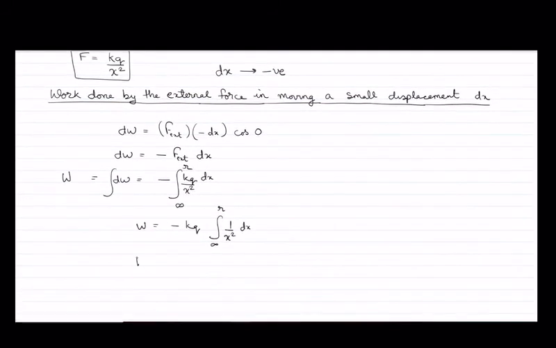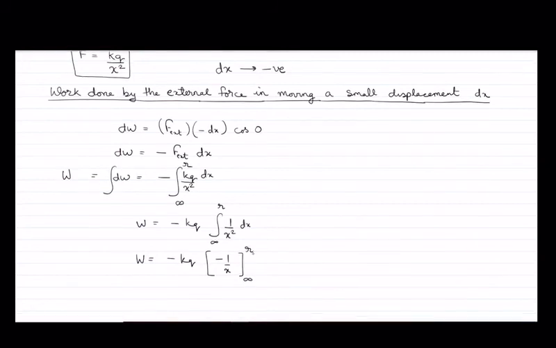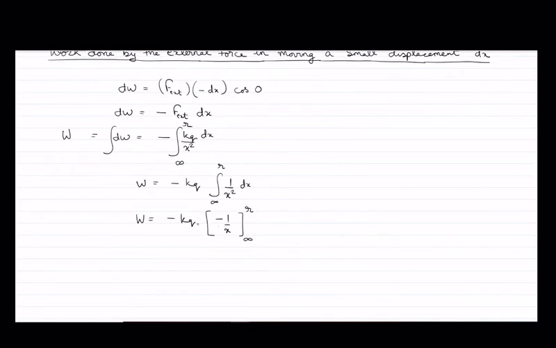Solving it further, we get minus kQ, and the integration of 1 upon x square is minus 1 upon x, from infinity to r. So minus and minus will make it plus. So kQ times 1 upon r minus 1 upon infinity. So W will be kQ upon r.